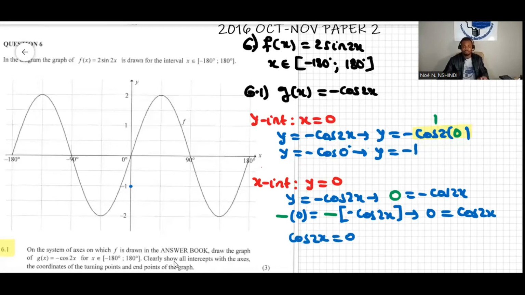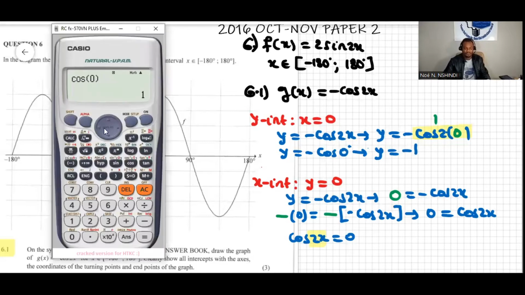Now this is possible only if 2x equals 90 degrees or 270 degrees. That's where cos 2x is equal to 0. You can check with me: cos of 90 degrees is 0, and similarly cos of 270 degrees is also equal to 0.